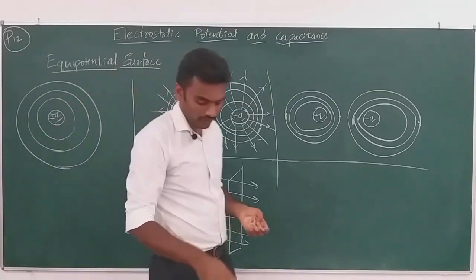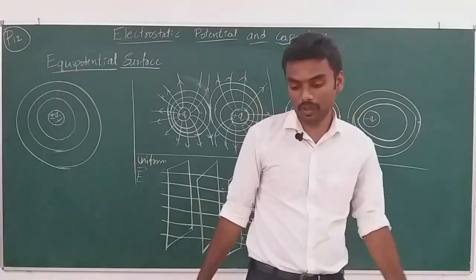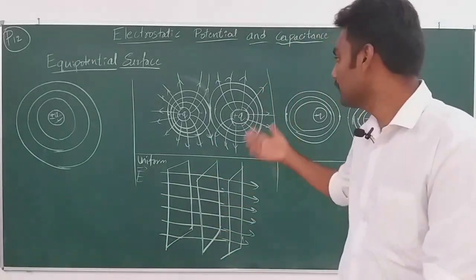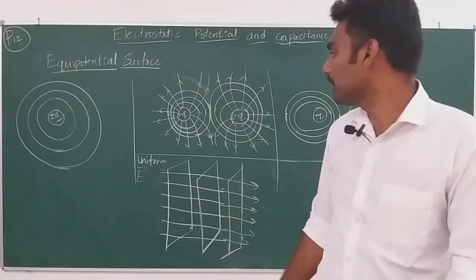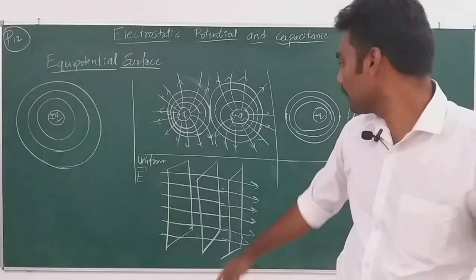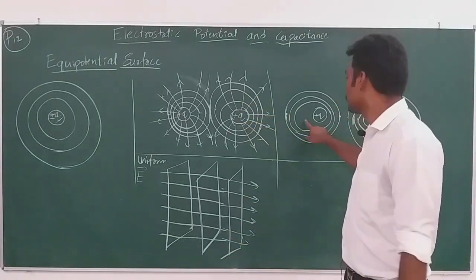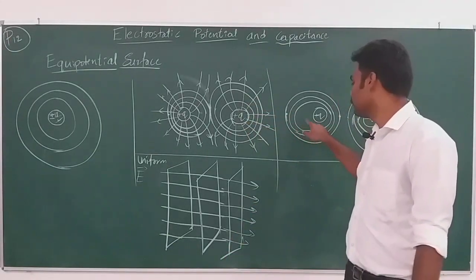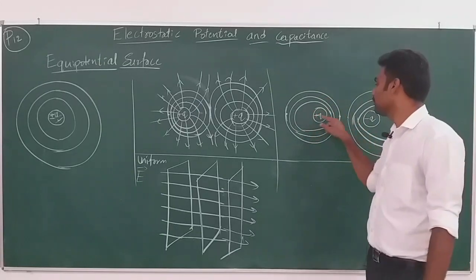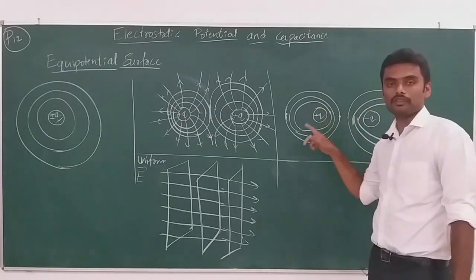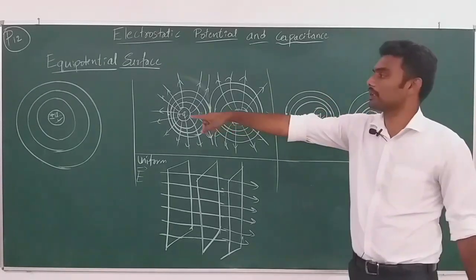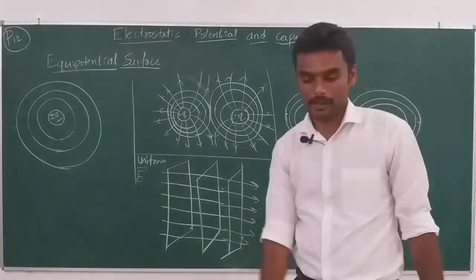So these are the properties. Remember them. I think you also have one more which I have explained here itself. You can go through that, and you draw the electric field lines for this equipotential surface, for this one and for that one. It's easy.